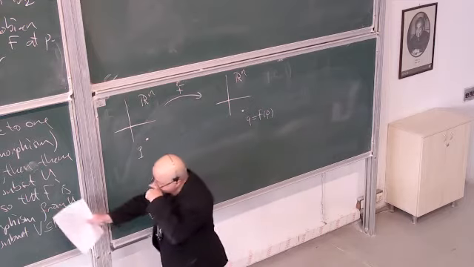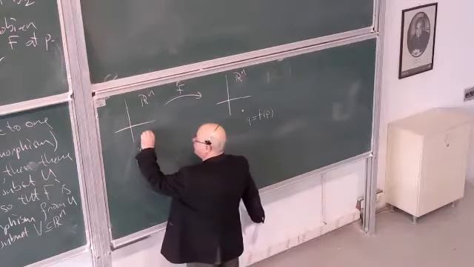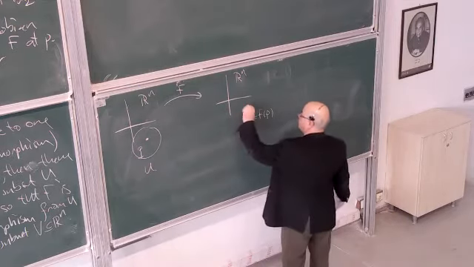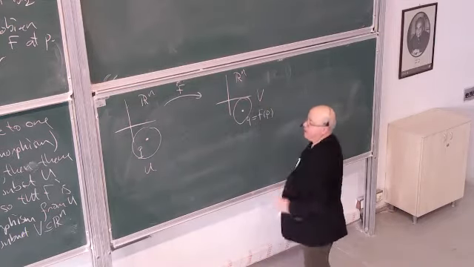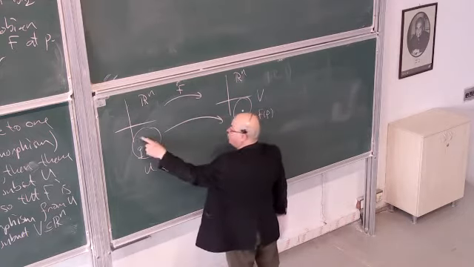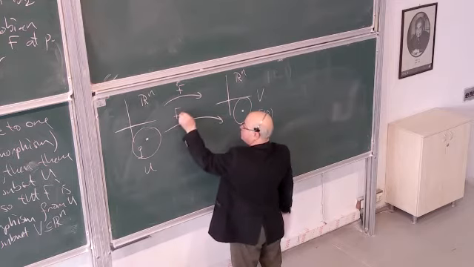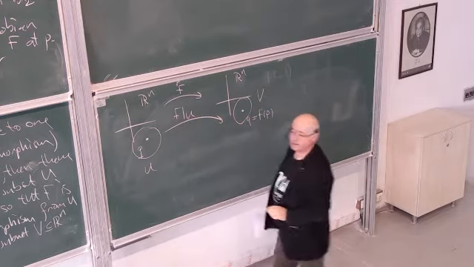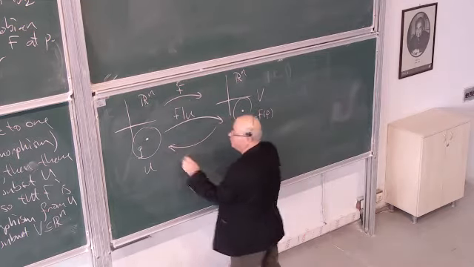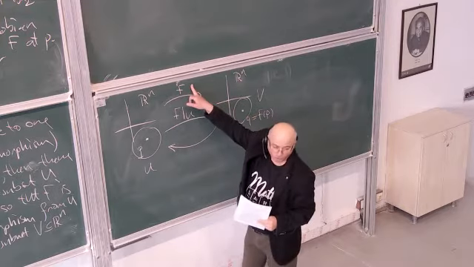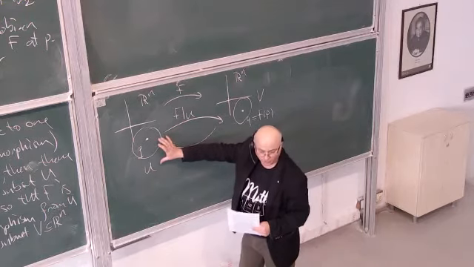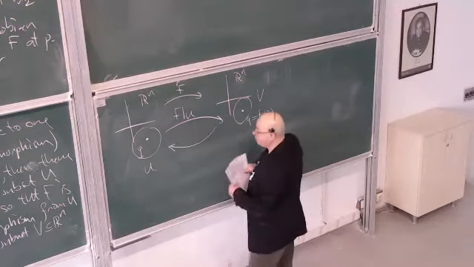So how do we say that? There is an open set containing this point, U, and there is an open set containing this point, V. And if you restrict your function F to this open set, let's say this, it has an inverse. This F may not have an inverse, but its restriction to this open set has an inverse.